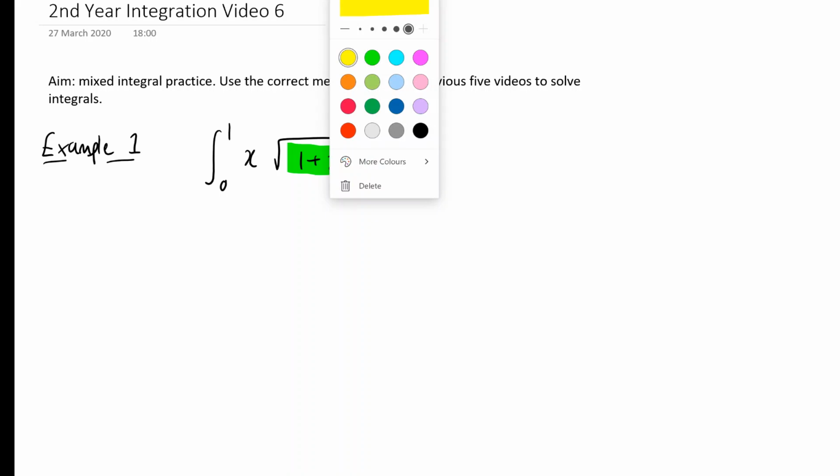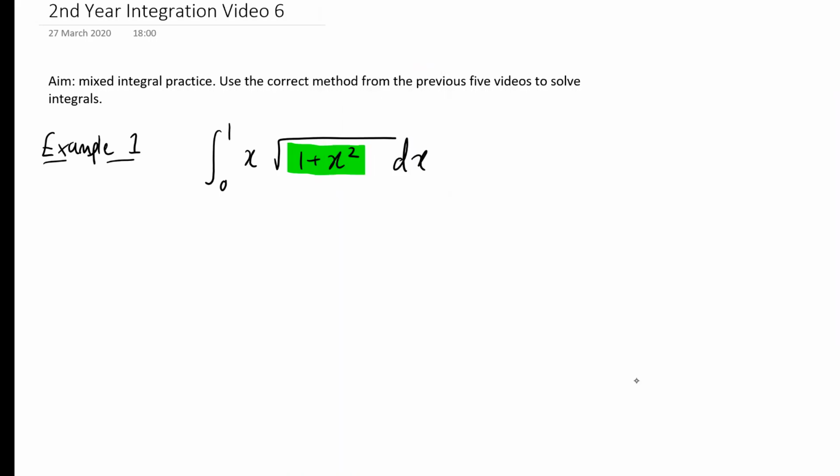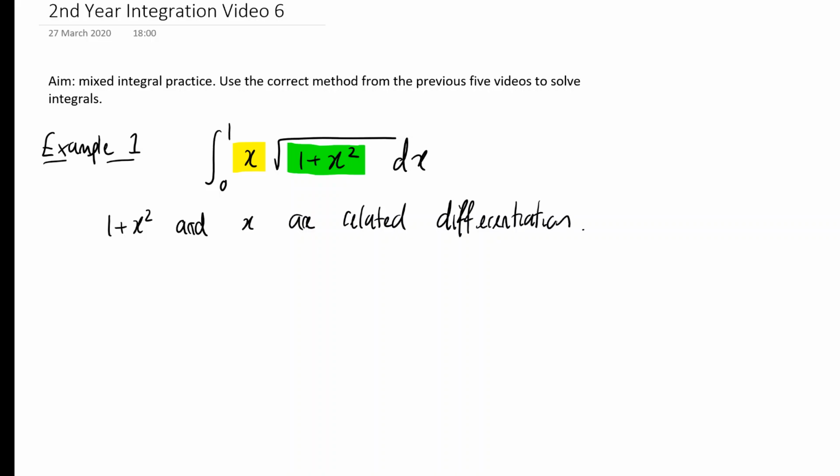So the bit under the root, 1 plus x squared, and the bit outside the root, x. 1 plus x squared and x are related by differentiation. Which means it's very likely that substitution will be useful.